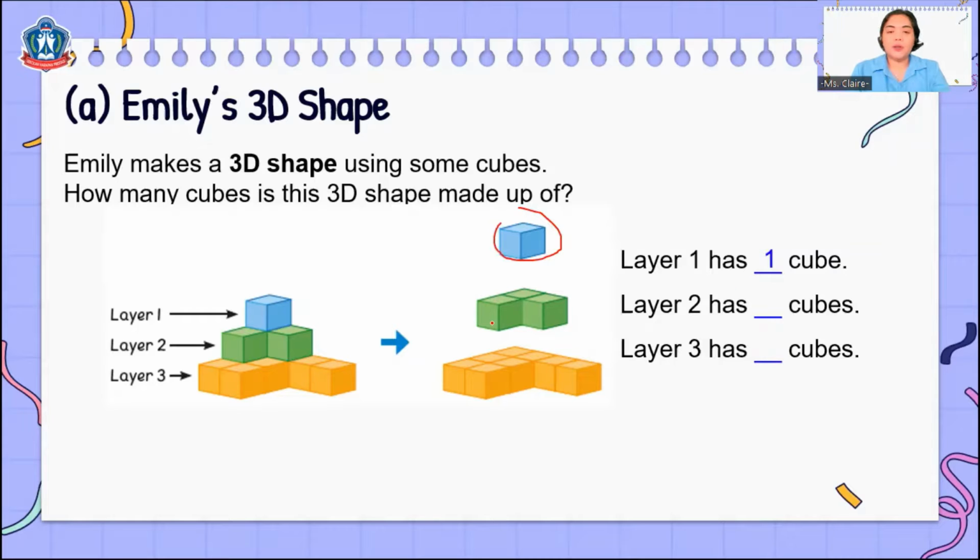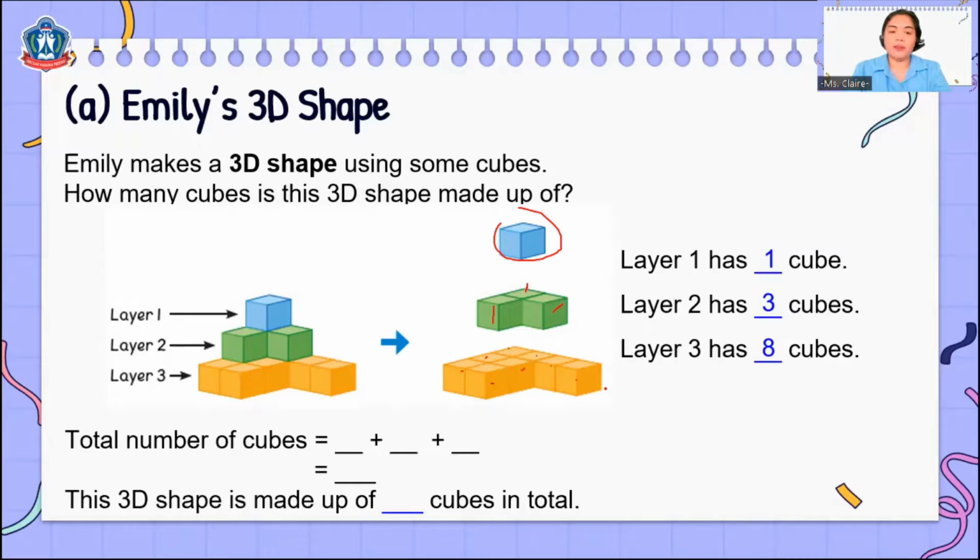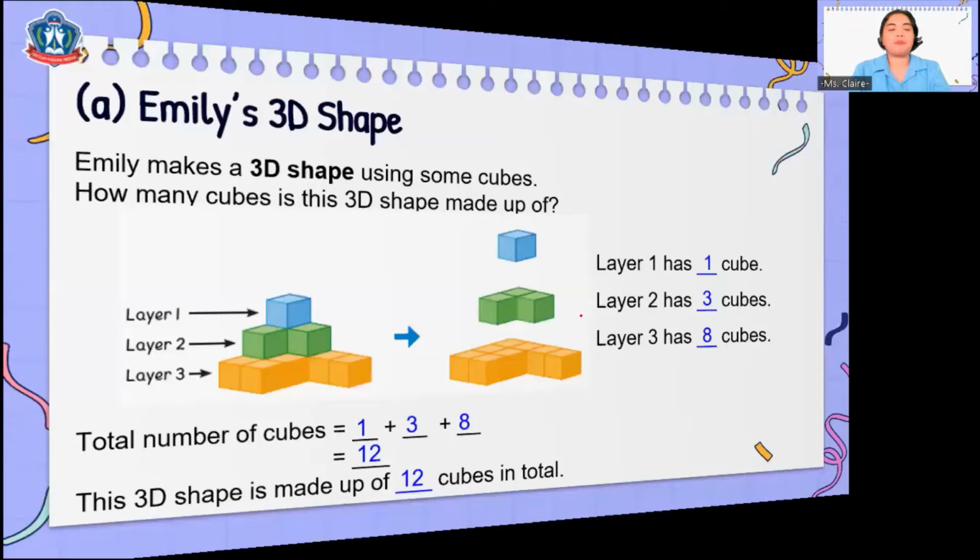For layer 2, 1, 2, 3, so 3 cubes. How about layer 3? 1, 2, 3, 4, 5, 6, 7, 8. So there are 8 cubes. So how many are the total number of cubes? We have 1 plus 3 plus 8. It is 12. So this 3D shape is made up of 12 cubes in total.